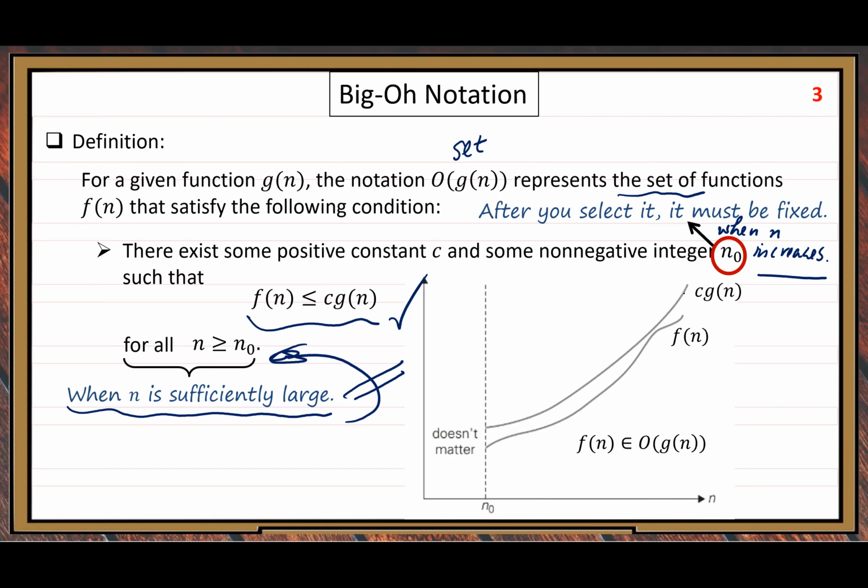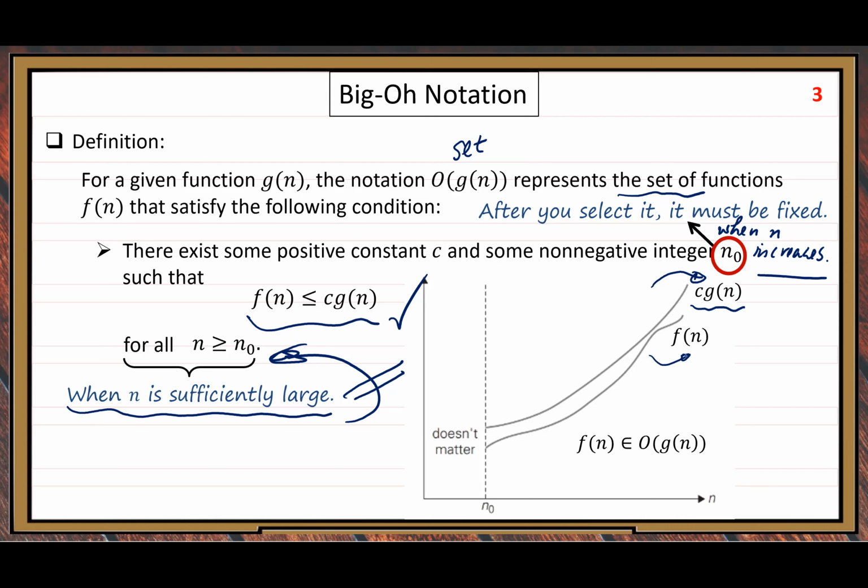We have the graph of the function c times g of n. We use it as an upper bound for f of n, the curve of f of n.